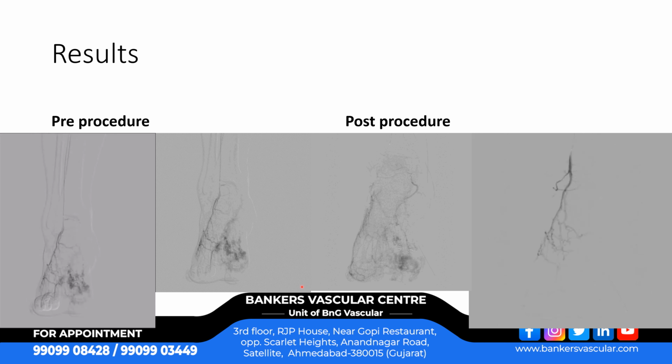After injecting this, if you look over here, the amount of flow is significantly reduced. So the two nidus are already blocked. There is still some remaining, but the amount of ethanol we have injected is sufficient for one sitting. So we'll take care of another nidus in the next sitting.